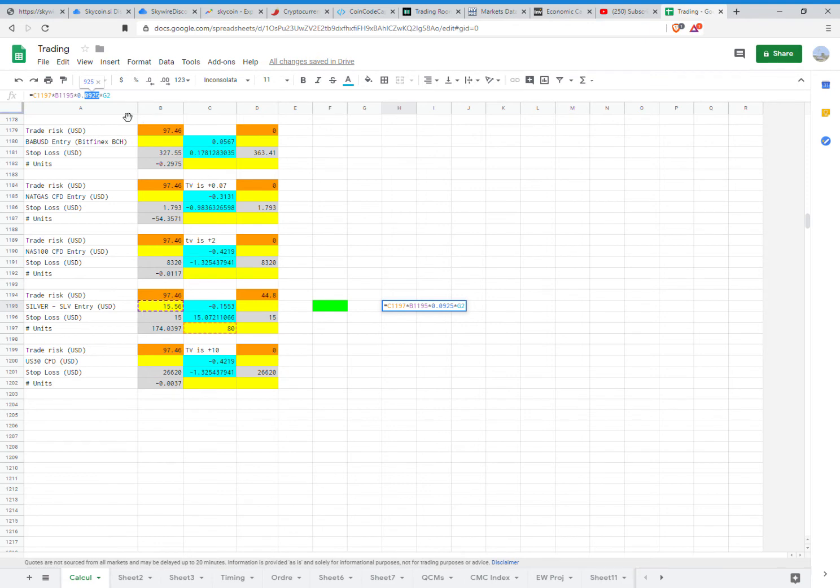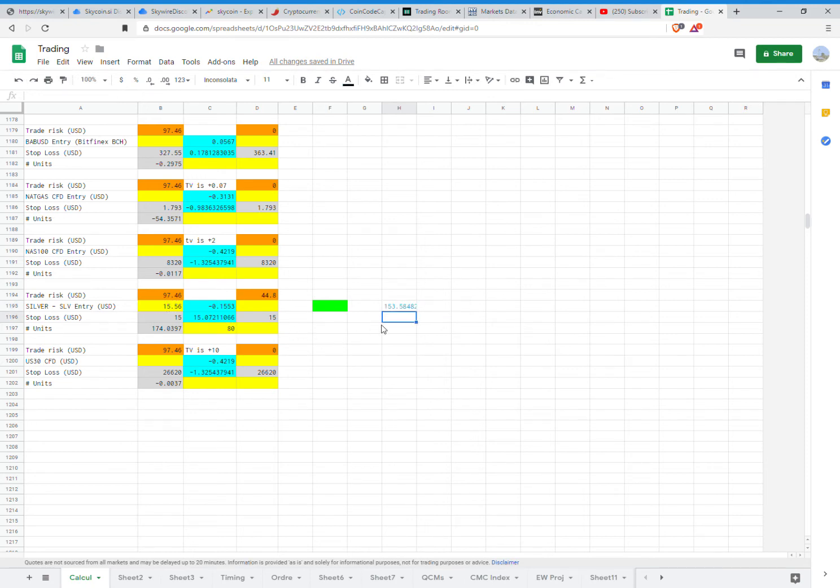This is how much margin it would consume, and my brokerage account is in Canadian dollar because I'm Canadian, and this item is traded in US dollar, so I have to multiply by the G2, which is the USD CAD rate.